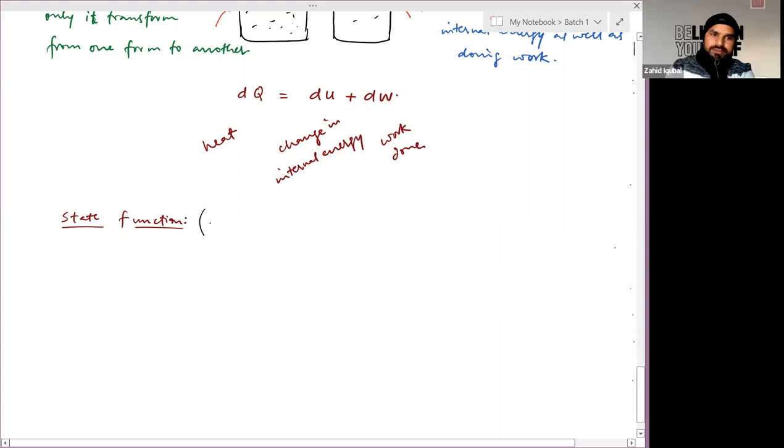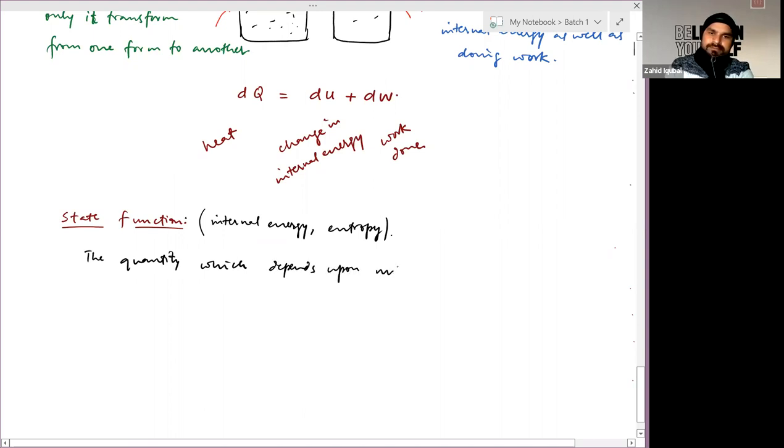So the state functions we have: first is internal energy, or entropy. A state function is the quantity which depends upon the initial and final point.